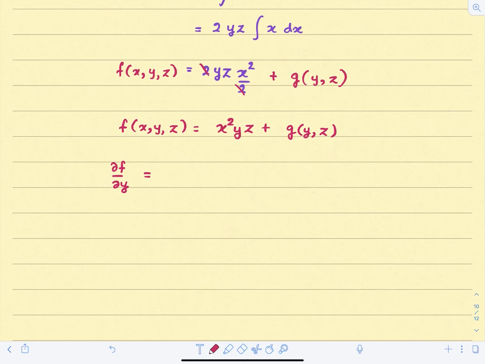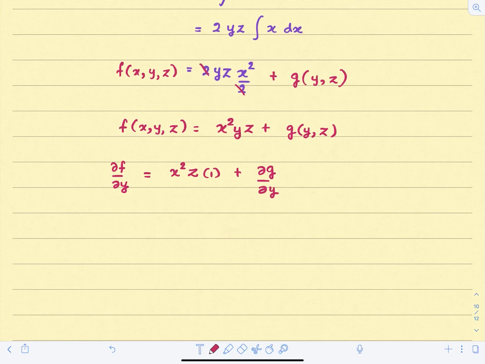So the derivative of f with respect to the y variable equals, so we have to treat x and c as constants. So x squared c, derivative of y is 1, plus, now the derivative of g with respect to the y variable is partial g over partial y.